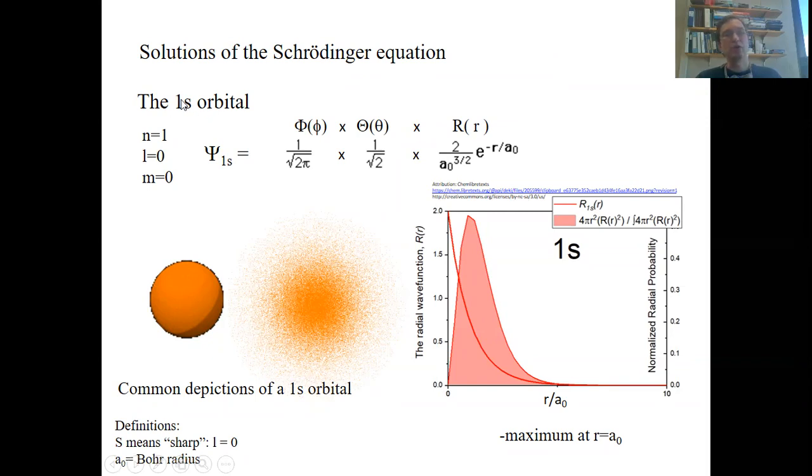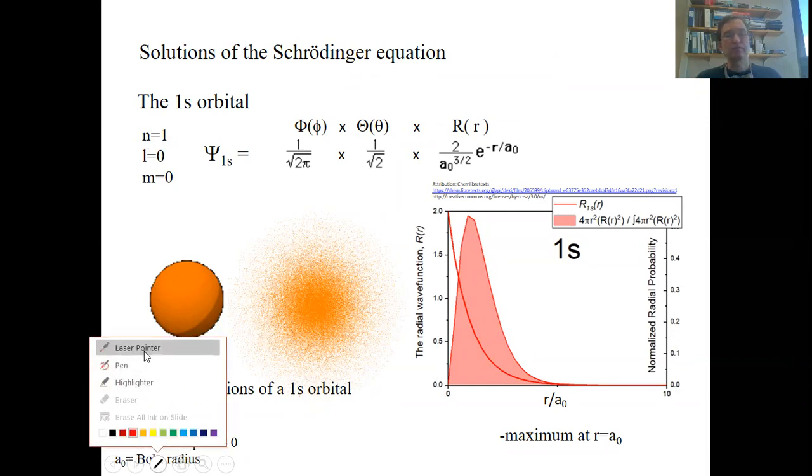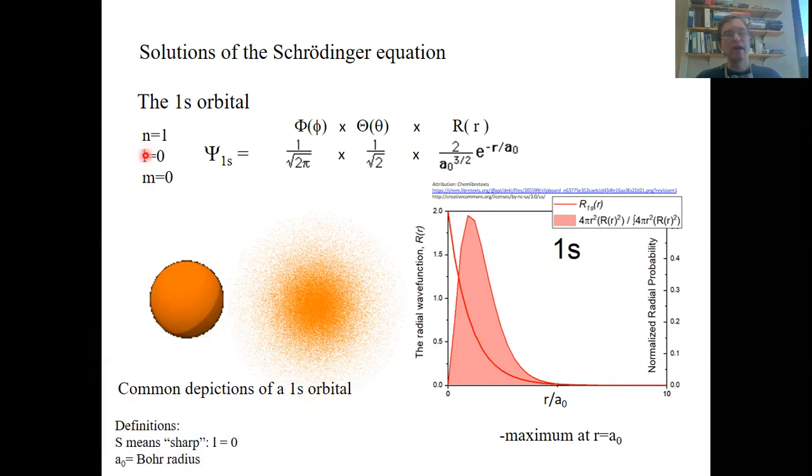So we talk about a 1s orbital when the quantum number n is equal to 1, the quantum number L is equal to 0, and the quantum number m is also equal to 0. When we plug these numbers into the general solution for the Schrödinger equation, we arrive at the wave function for the 1s orbital.